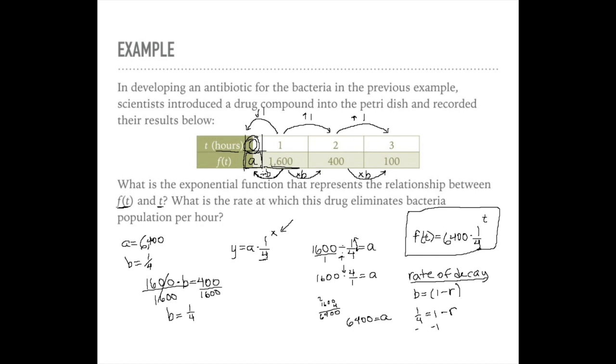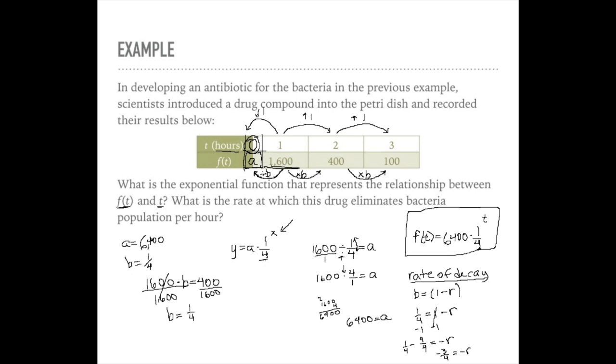We'll subtract 1 from both sides. 1/4 minus 1, you might need to get a common denominator. So 1 becomes 4 over 4. 1/4 minus 4/4 now becomes negative 3/4, which equals negative r.